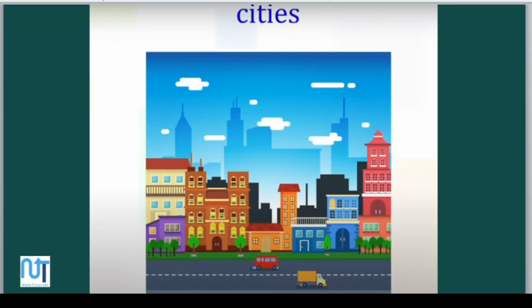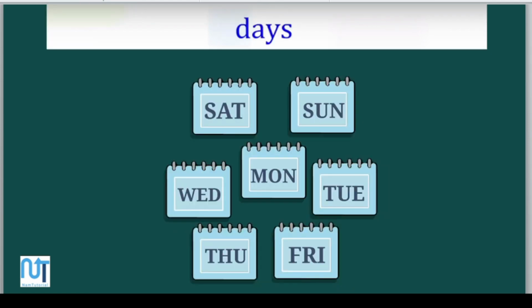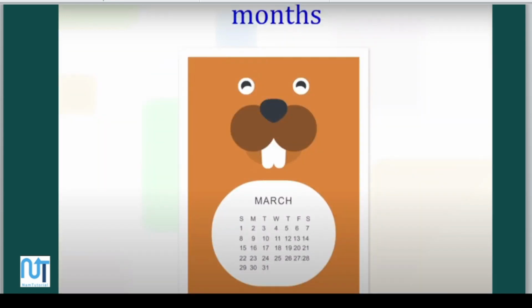Okay, children, we have a few more examples of proper nouns. Names of cities: Pune, Mumbai, London, Paris. Names of days: Sunday, Monday, Tuesday, Wednesday, Thursday, Friday, Saturday.